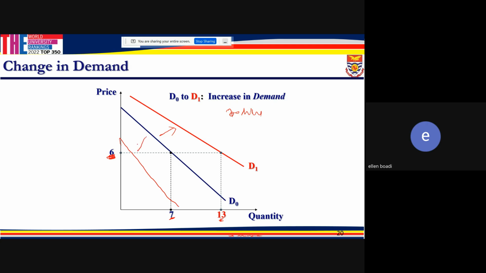So this time it will shift to the left, and quantity will reduce to say 2. The price is still 6, but because our taste has changed, we have seen a shift in the demand.